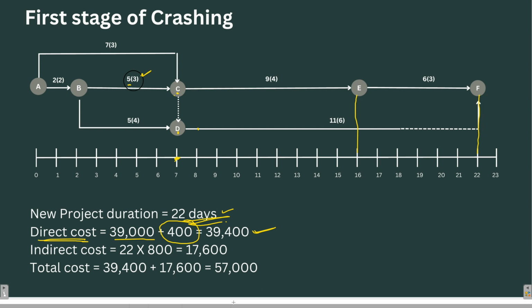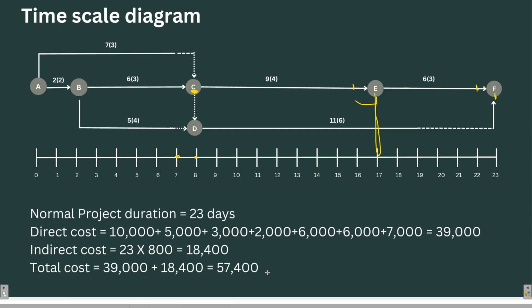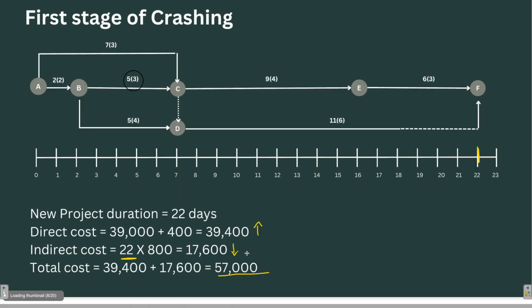If we crash any project, direct cost increases while the indirect cost reduces. 22 into 800 will be 17,600, and the total is 57,000. Earlier we were getting a total cost of 57,400, which has now reduced to 57,000 only. So there is a benefit of crashing the project for 1 day.